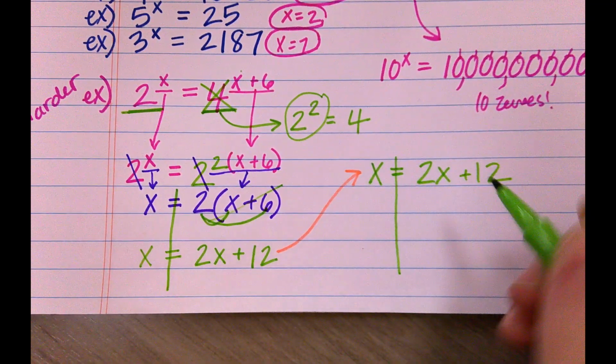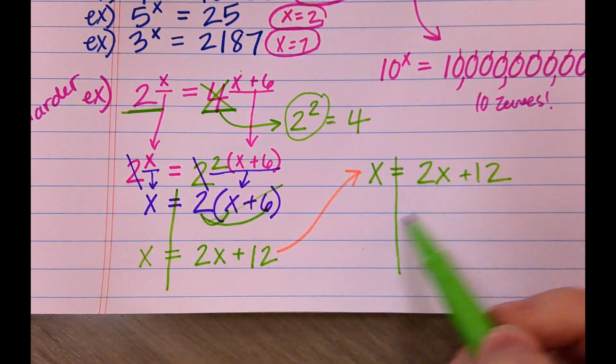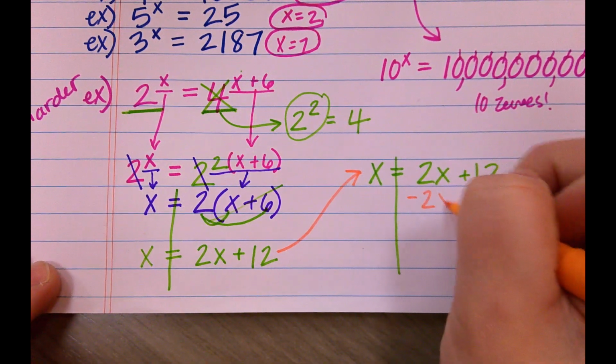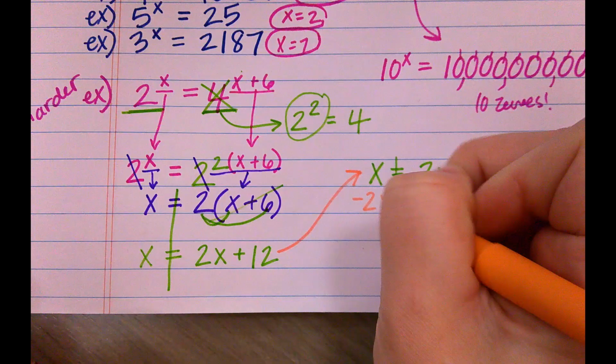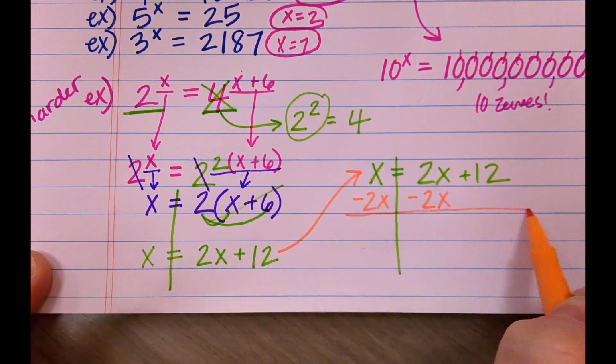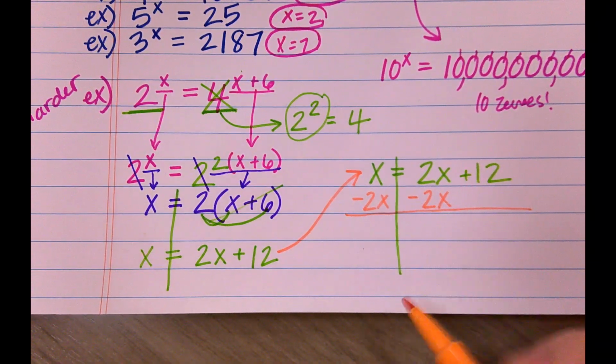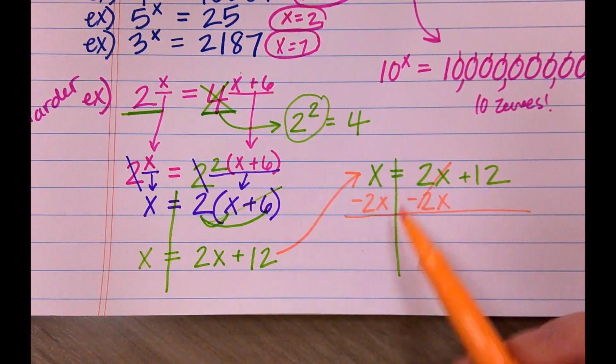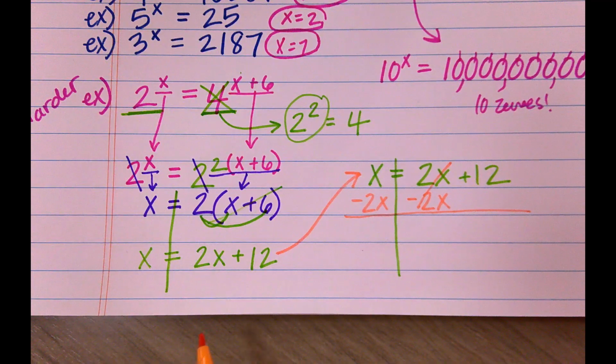And let's combine like terms. We're going to get our x's on the same side. So, Emily, you said let's subtract 2x. Let's do that. Okay. My 2x's cancel. Now, what is this 1x here minus 2x? It would be negative something x. Negative what?